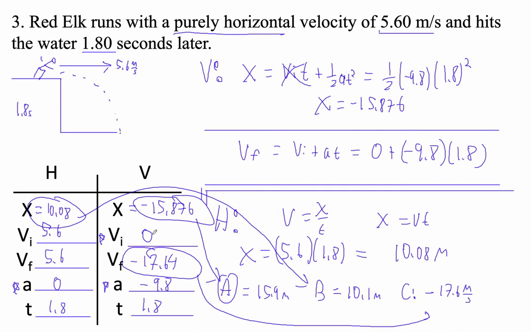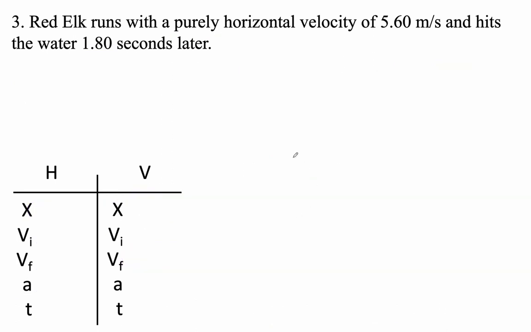And then for the final thing, we're going to have to erase all this, and I'll draw a picture of it. Okay? I'm going to erase it in 3, 2, 1. There we go. So remember that the horizontal velocity was 5.6, and the vertical velocity was 17.64.